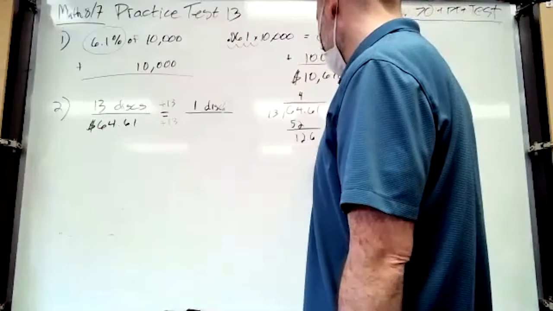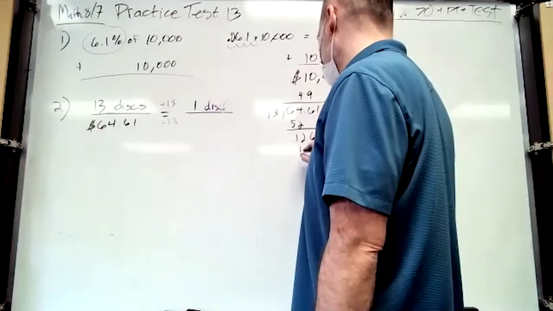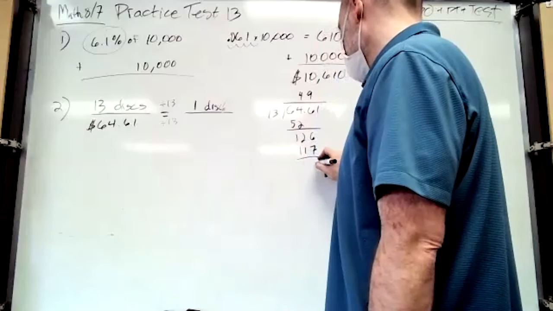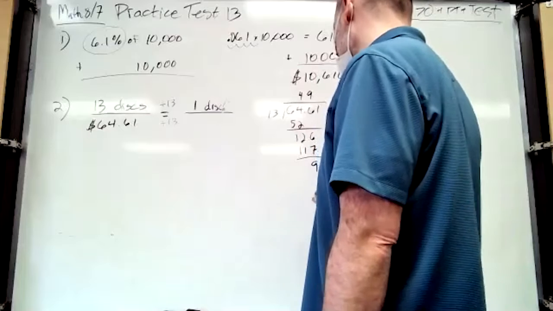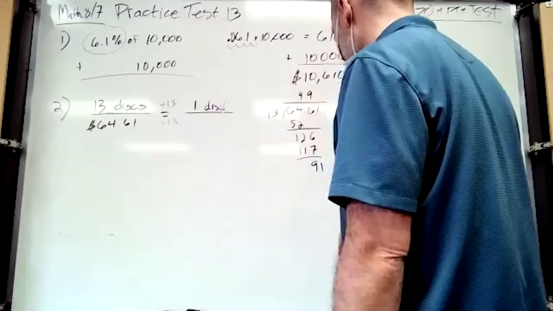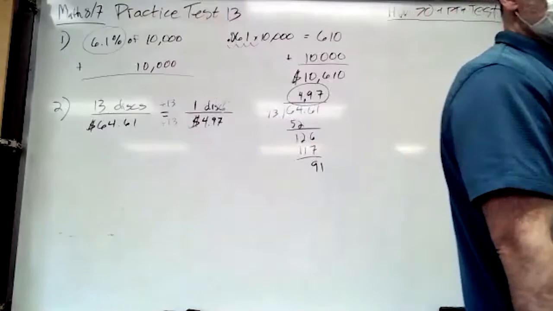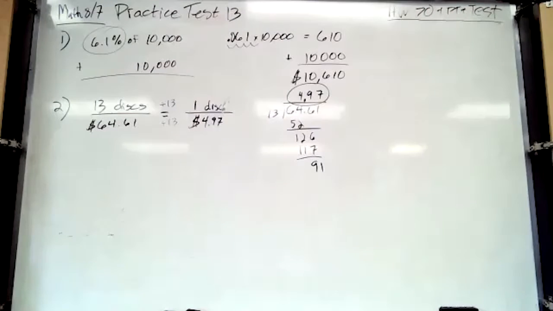That probably goes in at least 9 times. Okay. All right, and that goes in 7. So remember, the decimal goes straight up. So $4.97. Okay, is that what you guys got? Awesome. So far, so good?